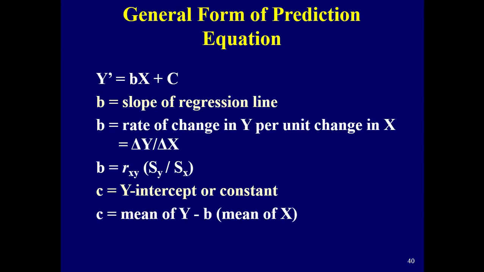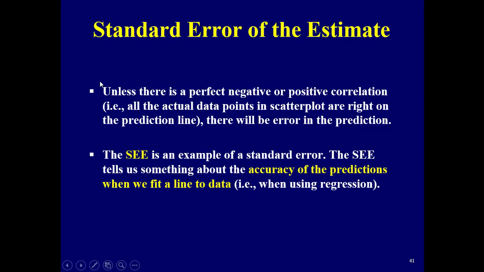We call that the y-intercept. An equation for the line will have a value for b, it'll have a value for c. Then what you can do is you can plug in any predictor x, and you can see what is the outcome or the predicted y value.